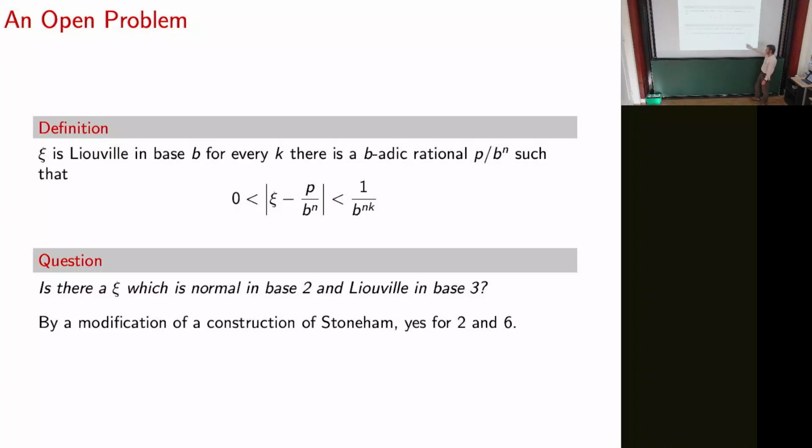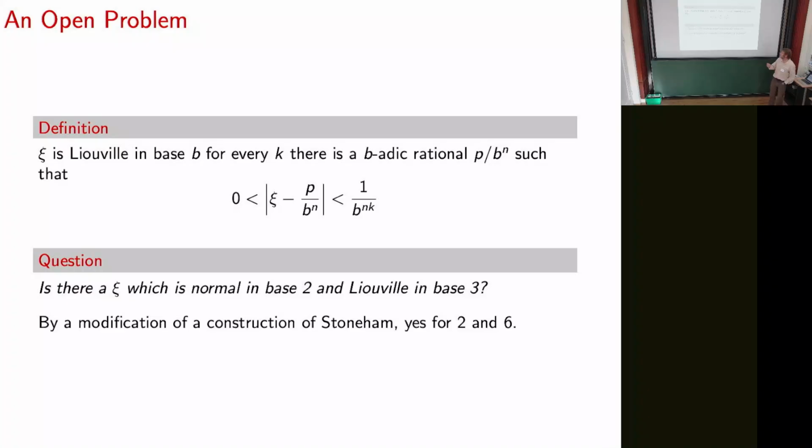There is a strange example due to Stoneham, which can be converted to say that the answer is yes if you look at the numbers 2 and 6. But you have to use, this is a product of two primes, and there's a sort of number theoretic quirky thing that you can exploit. Okay, so that's it for normality and Liouville numbers.